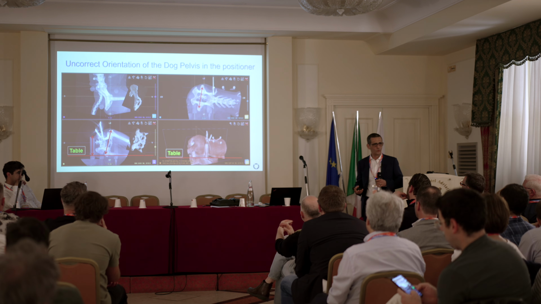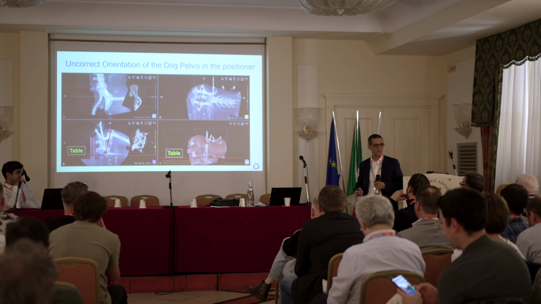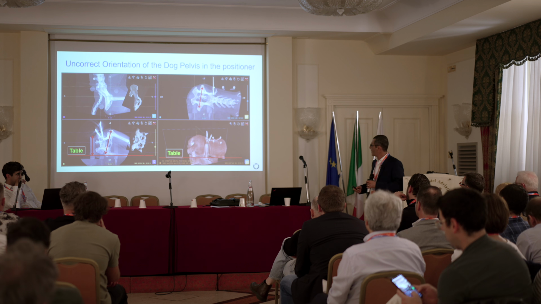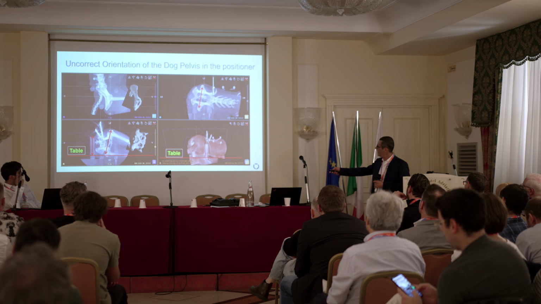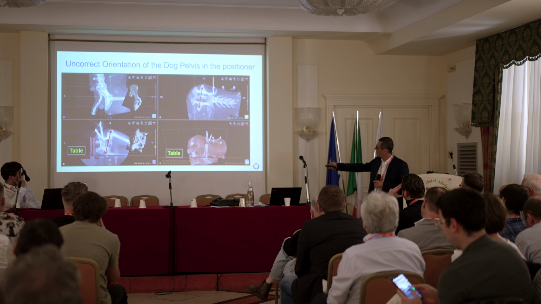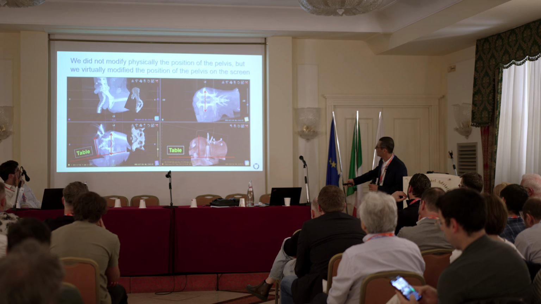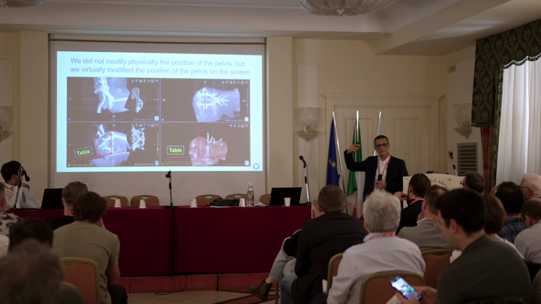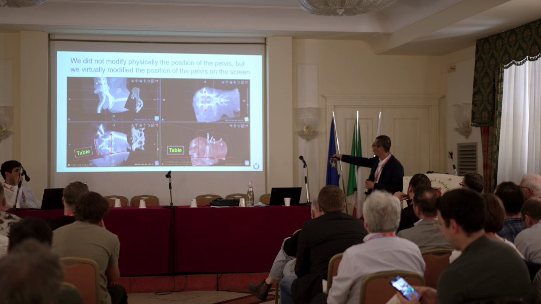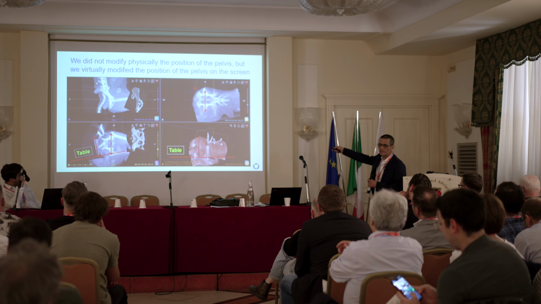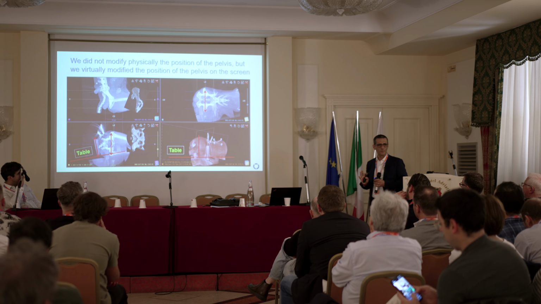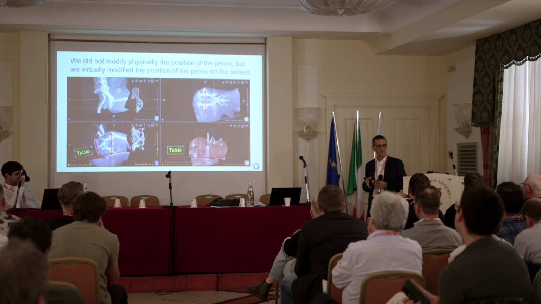I tried to do it, but at the end it's not correct. And what we did, we modified virtually the position of the pelvis, not manually. So now the software knows that this is the correct position, but I didn't modify the position of the dog. I did it only virtually.